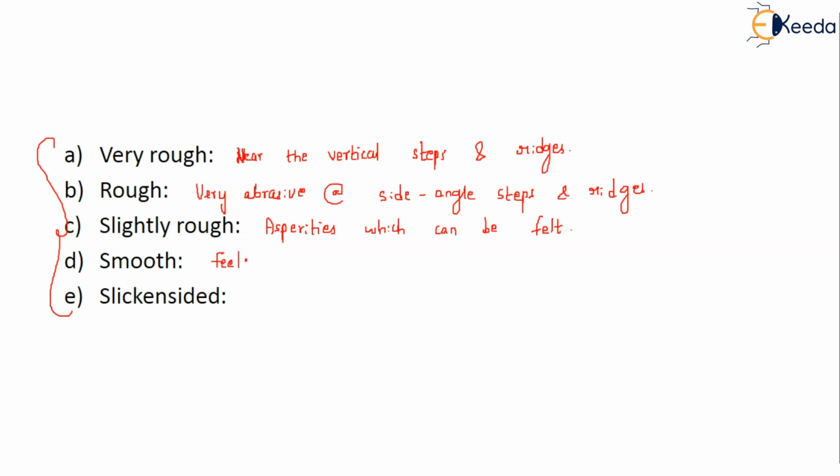We can also feel it; if you touch, you feel it very smooth. What is slickensided? Like polishing, visual existence of polishing is present.